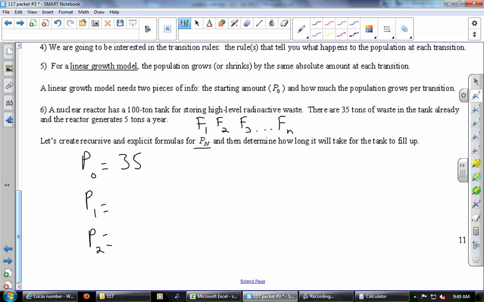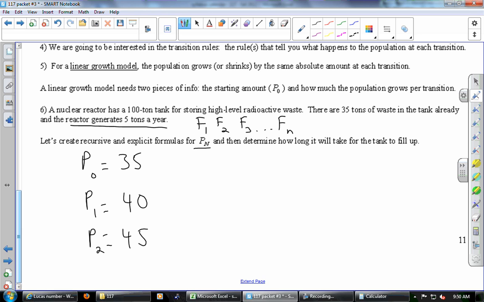And it says that the reactor generates 5 tons a year, 5 tons each year. So how much is in there at P1, which is 1 year down the road? It's 40. Every year gains 5. How much is there at year 2? It's 45. You see the pattern?